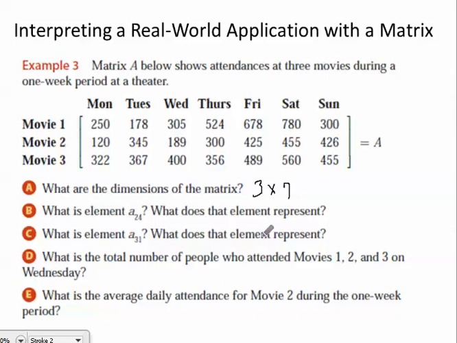Okay? So, what is the element at 2, 4? Well, I go down to movie 2, go over to the 4th date, that's 1, 2, 3, 4, that's 300. And that represents the number of people, 300 people, at movie 2 on Thursday.